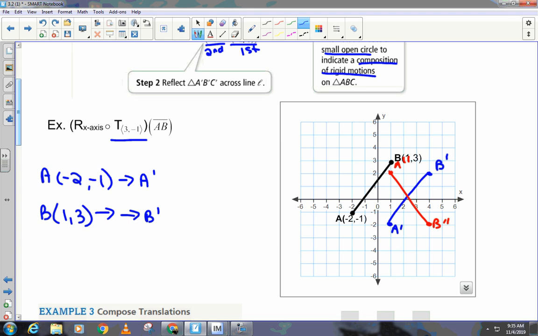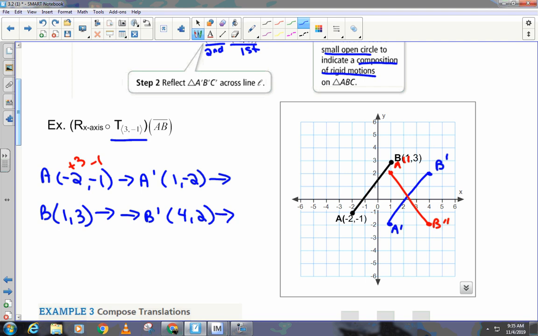So that means that we're going to add 3 and subtract 1. So my coordinates would be 1, negative 2. For my B, those coordinates, if I added 3 and subtracted 1, would be 4, 2. Okay, so let's check that. 1, negative 2, and 4, positive 2, right?